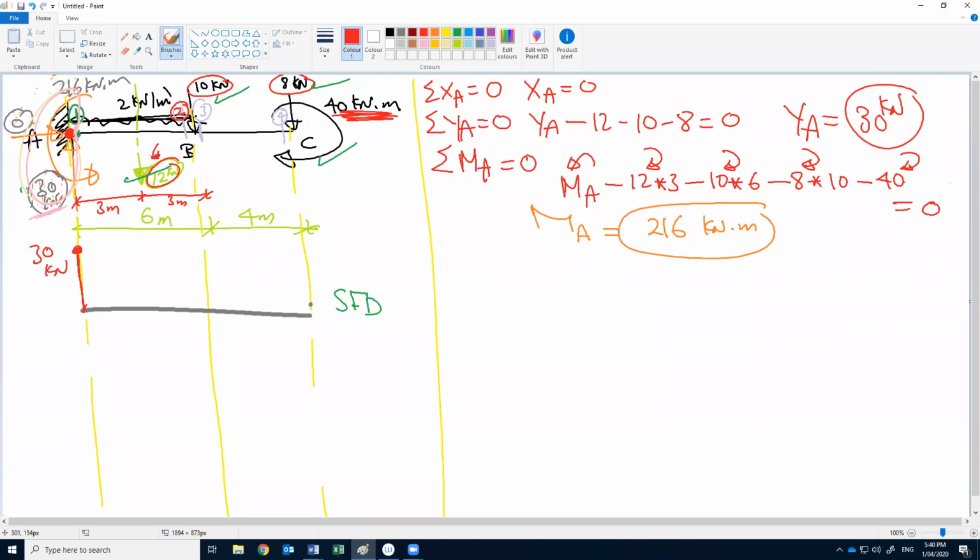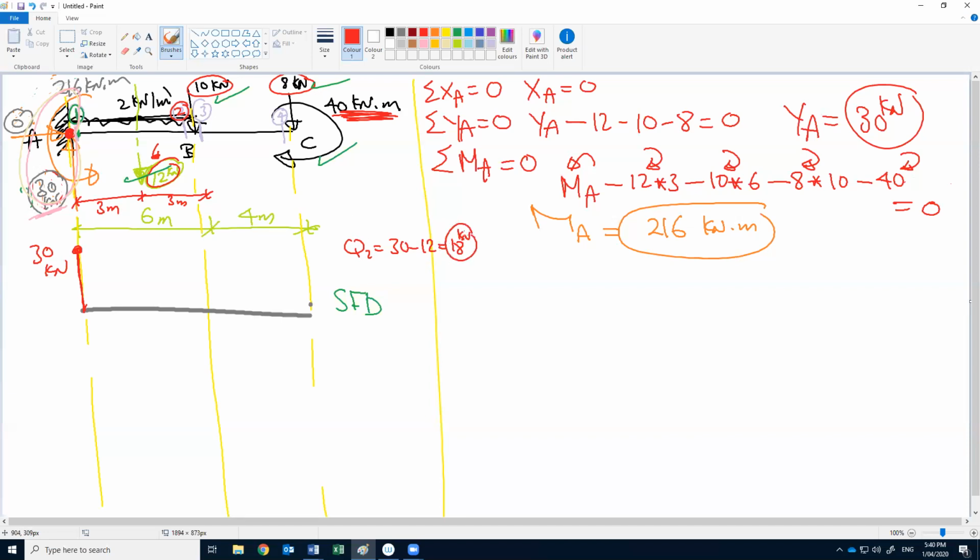This force 12. So 30 minus 12. Upward or downward? Downward. So Q2 will be 30 minus 12, which is 18.